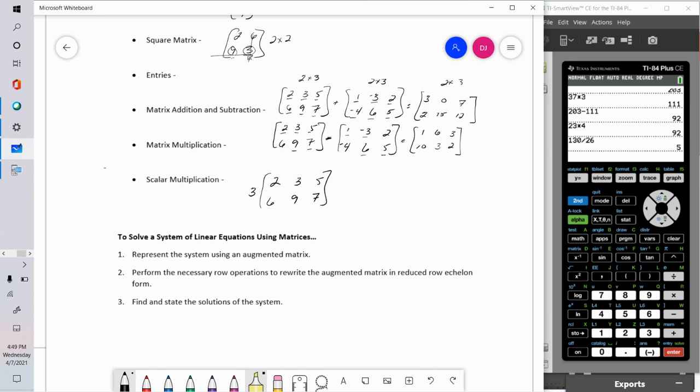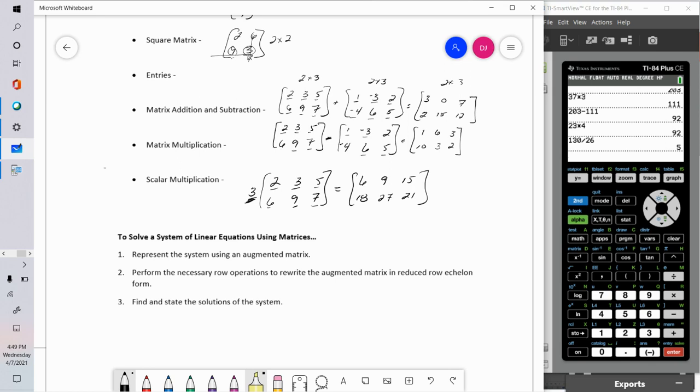And so if I multiply the matrix 2, 3, 5, 6, 9, 7 by 3, simply what's going to happen is everything's going to get multiplied by 3. 3 times 2 is 6. 3 times 3 is 9. 3 times 5 is 15. 3 times 6 is 18. 3 times 9 is 27. And 3 times 7 is 21. And there's scalar multiplication. Okay.